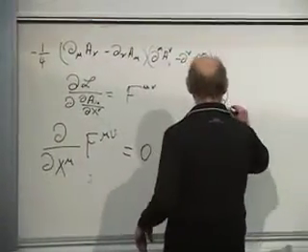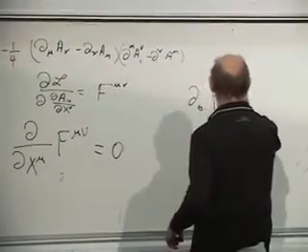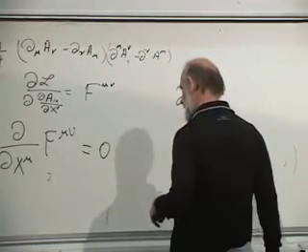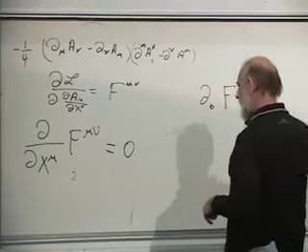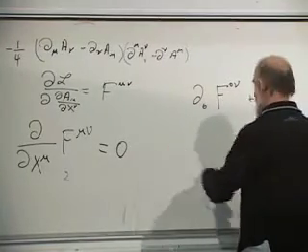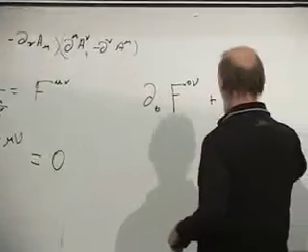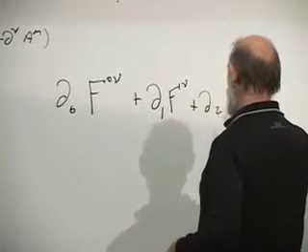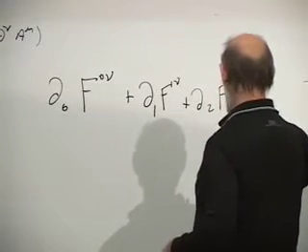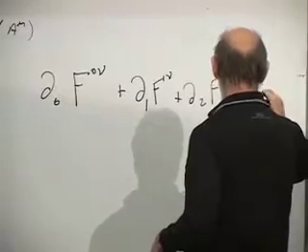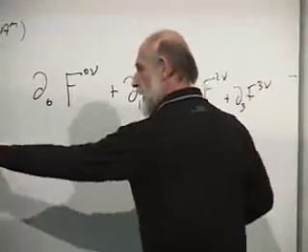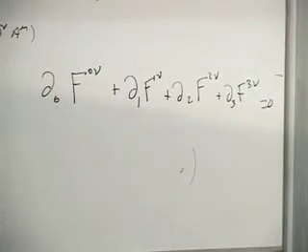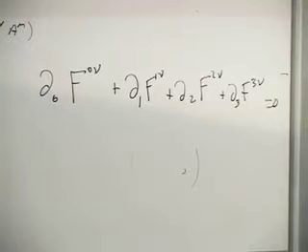Let's take d naught of F naught nu, plus d1 of F1 nu plus d2 of F2 nu plus d3 of F3 nu. This is what's on the left-hand side, and that's equal to 0. Let's see what's there. We have to pick a nu. Pick a nu for me. Which nu do you want to study?